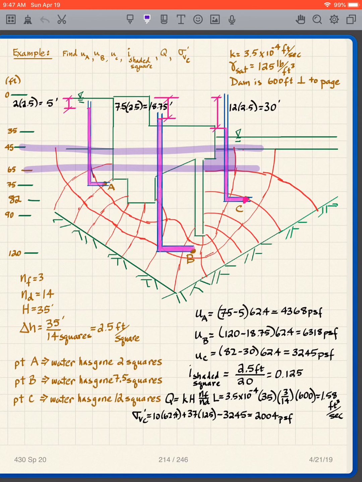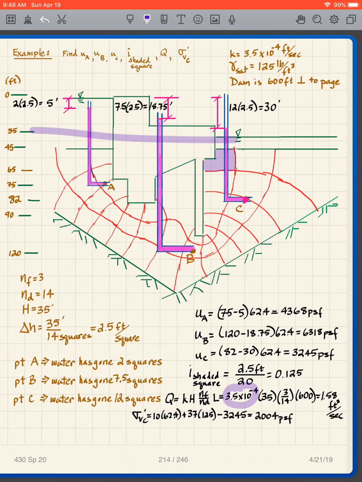Then to get my Q, I have to use my Q equation, which is Q is equal to K H N_F over N_D times L. The K is given to be 3.5 times 10 to the minus 4th.